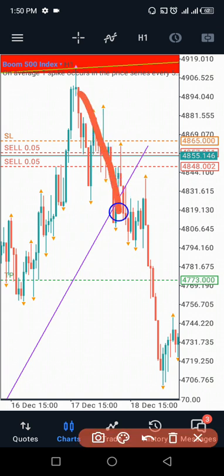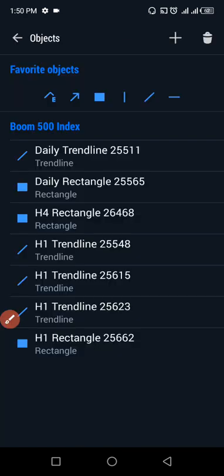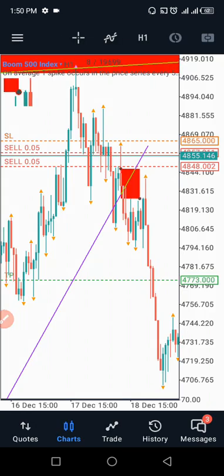Market came and took out the trend line, and then retraced and retested the trend line, but it was not a complete retest. It was still like an order block retest, guys. You can see that it was like an order block retest here.